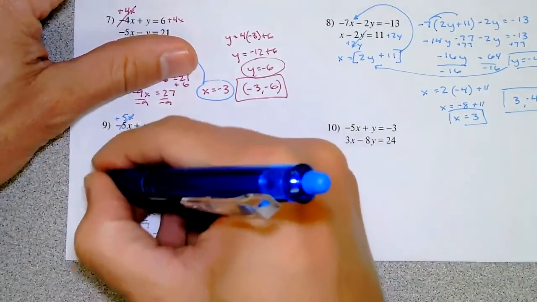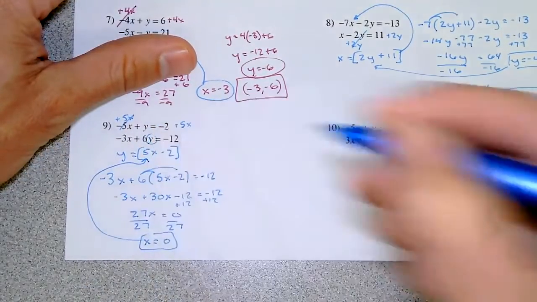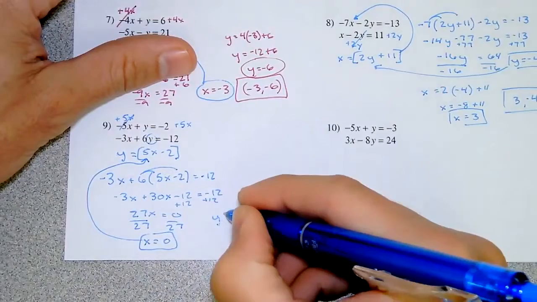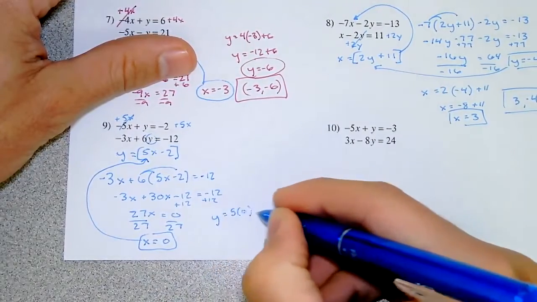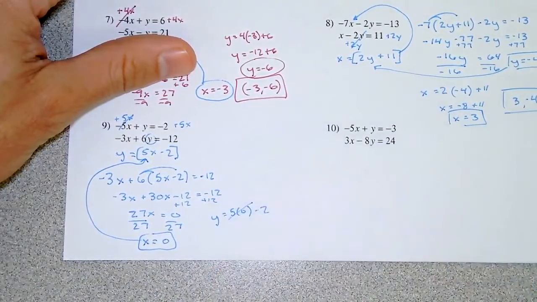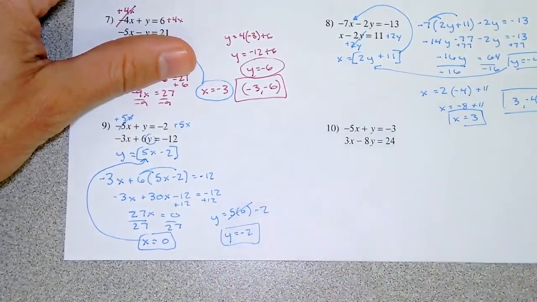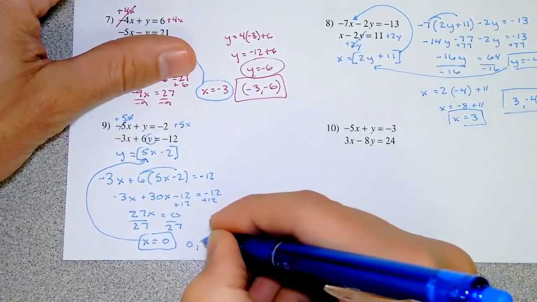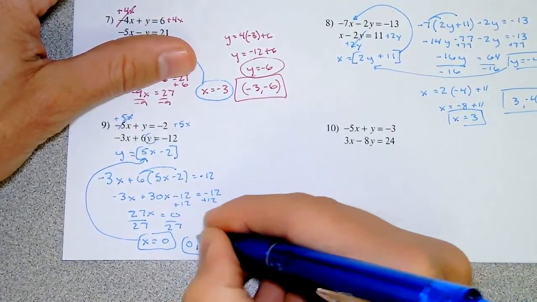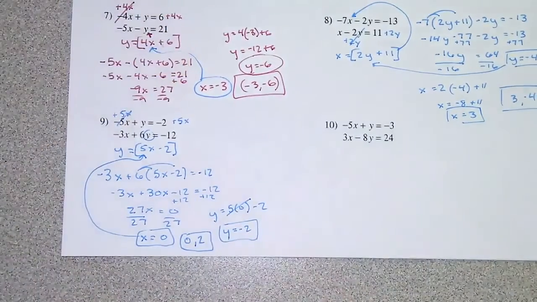So I can take that and plug it in for x there. y equals 5 times 0 minus 2. 5 times 0 is 0. So I'm just left with y equals negative 2. And there's my solution.